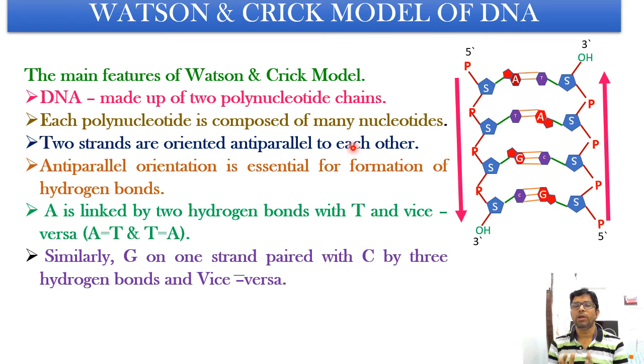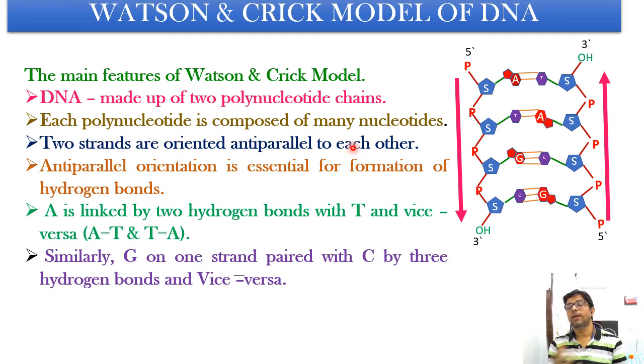Next point is that adenine always pairs with thymine. Adenine of one polynucleotide strand pairs with the thymine of the opposite strand with two hydrogen bonds, and vice versa. It means thymine of one strand pairs with adenine of the opposite strand with two hydrogen bonds.